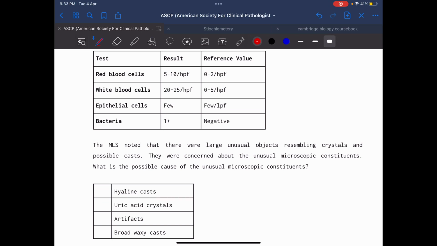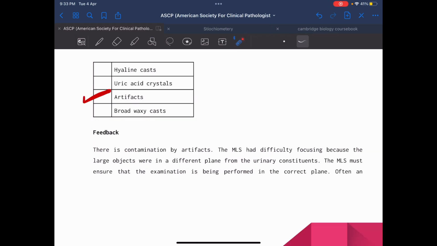The correct answer is artifacts. This is the feedback. There is a contamination by artifacts, and the staff have had difficulty focusing because the larger objects were in a different plane from the urinary sediment. The staff must ensure that the examination is being performed in the correct plane.